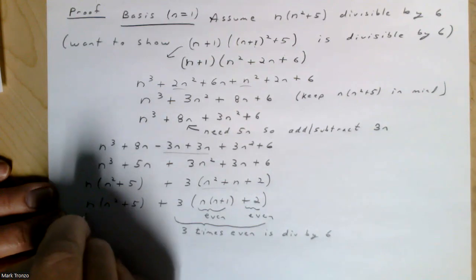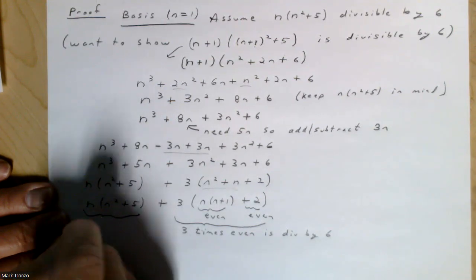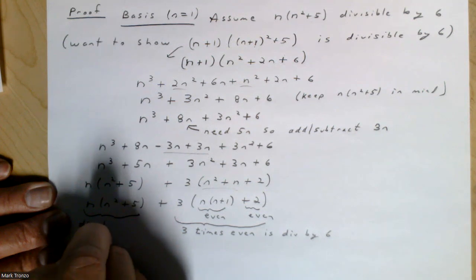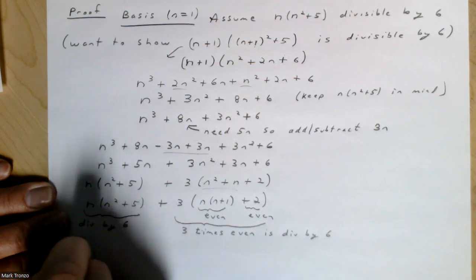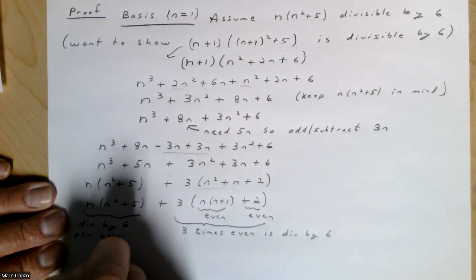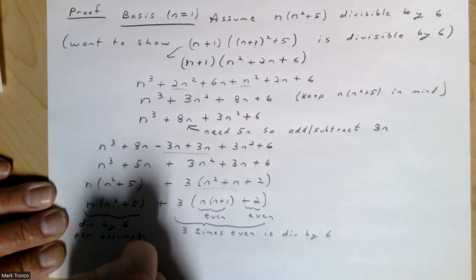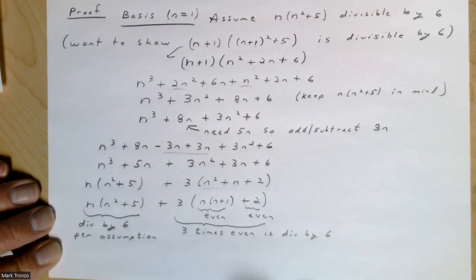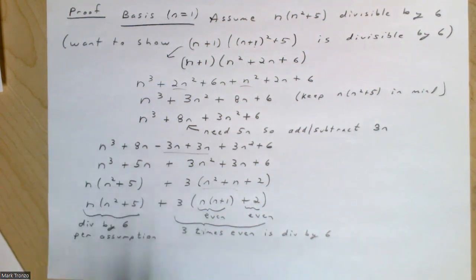And then over here, this is divisible by 6 per our assumption. And so we're done.